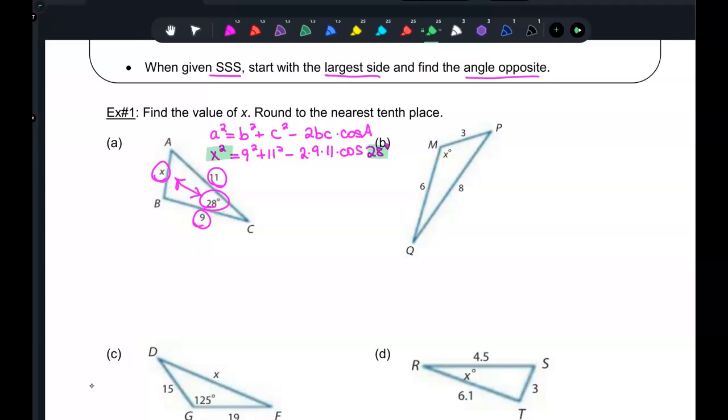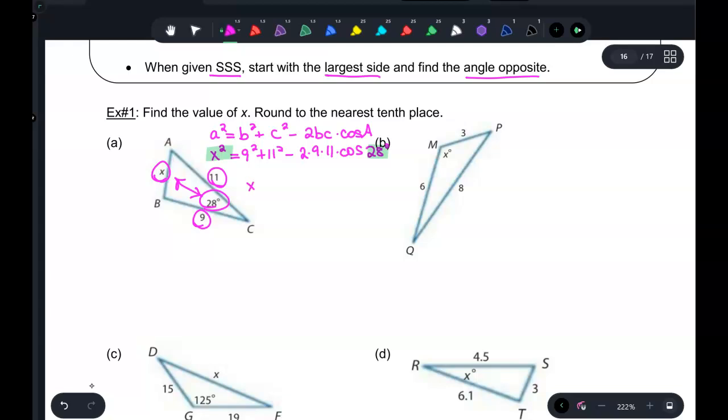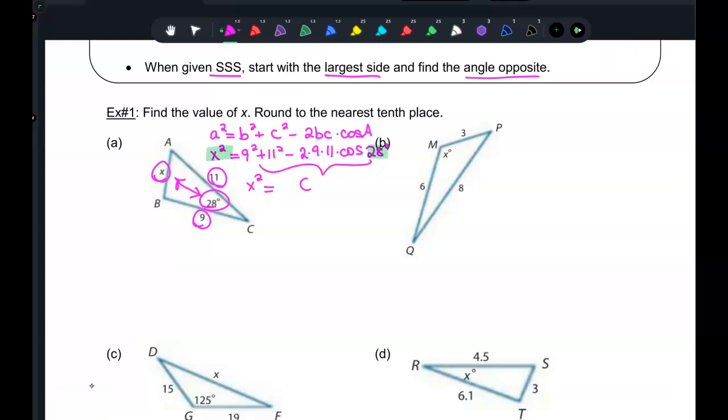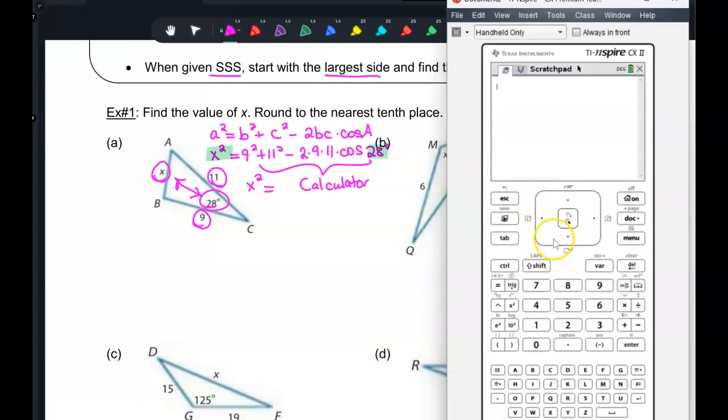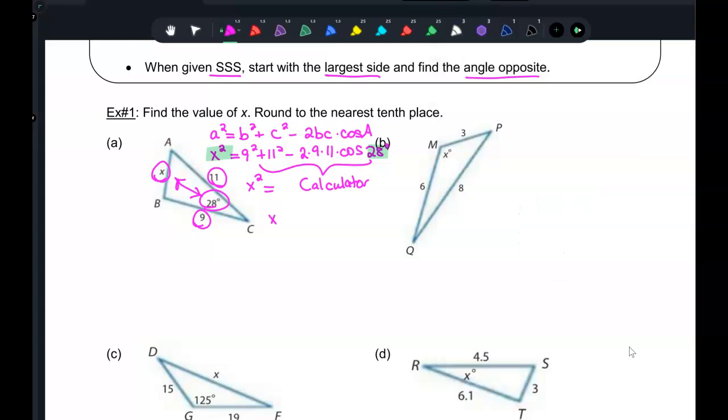To make this easier, we're going to plug all of this into our calculator at once. I have 9 squared plus 11 squared minus 2 times 9 times 11 times the cosine of 28 degrees. I press enter and get about 27.17.